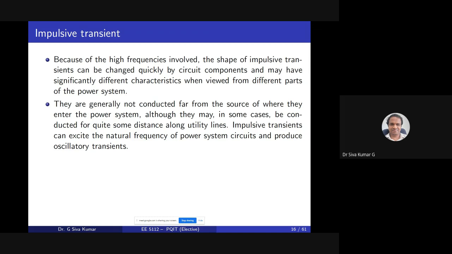The system has certain L and C components. If you consider the overall Thevenin's equivalent impedance, it has some resonant frequency.